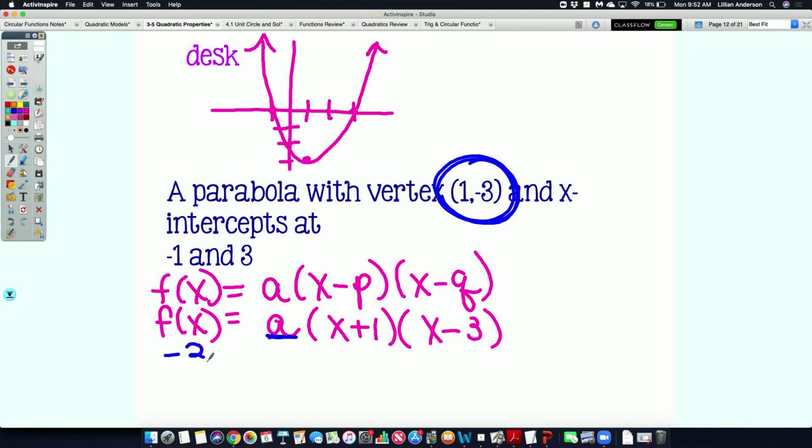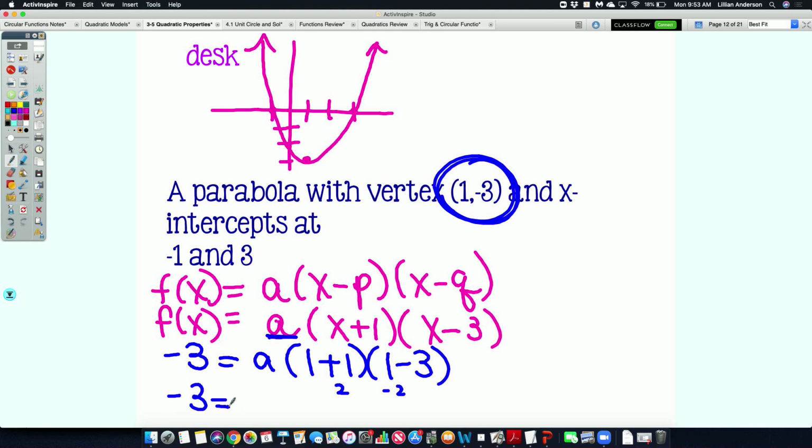So, -3 for y and 1 for x will basically give me an equation where I can solve for a and then get my equation. Does everybody see that? What's 1 plus 1? 2. And what's 1 minus 3? -2. What's -2 times +2? -4.